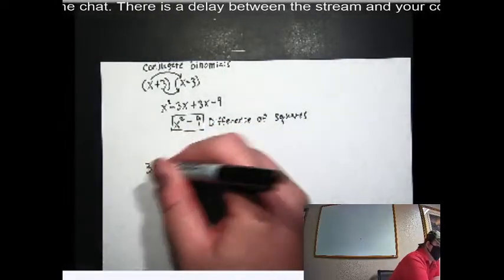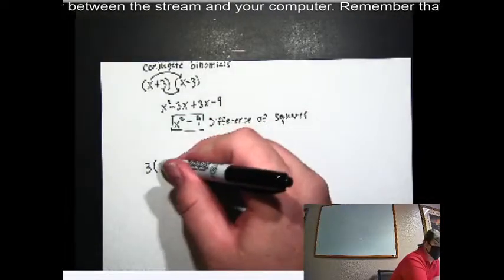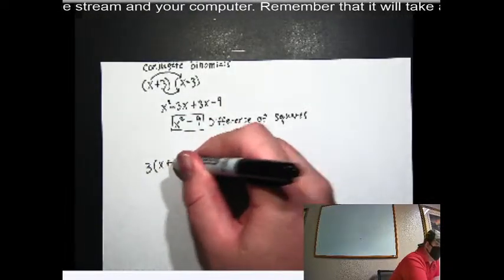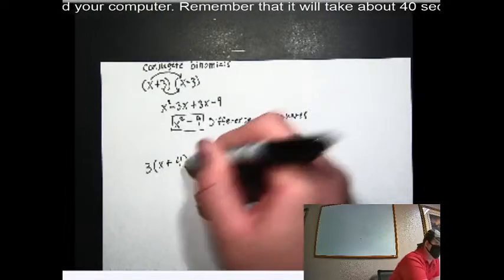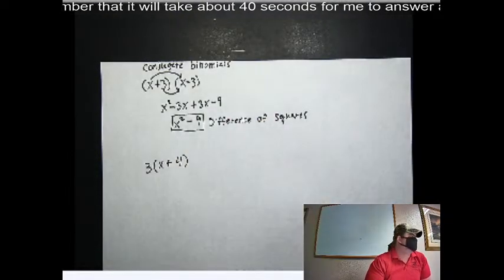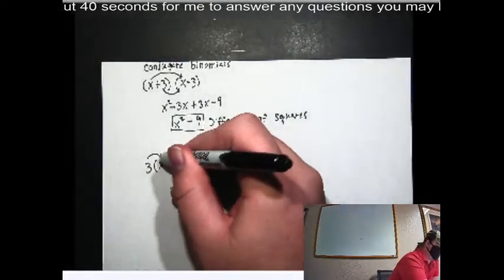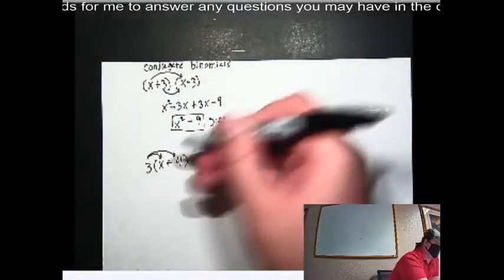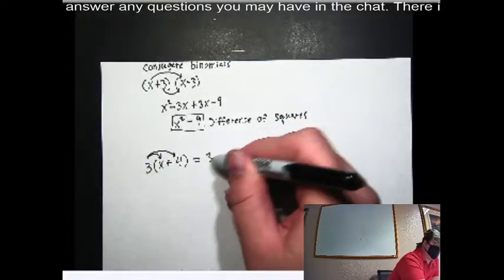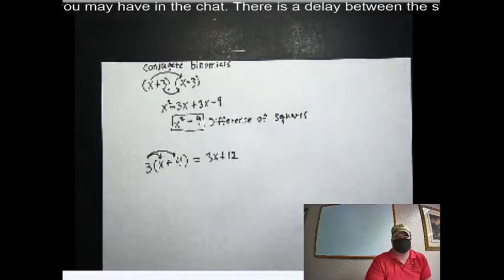What about multiplying a single number by a binomial, or a trinomial, or any polynomial? Well, that's very easy. We've already done that before. It's distribution, right? So what do we get? Perfect. 3x plus 12.